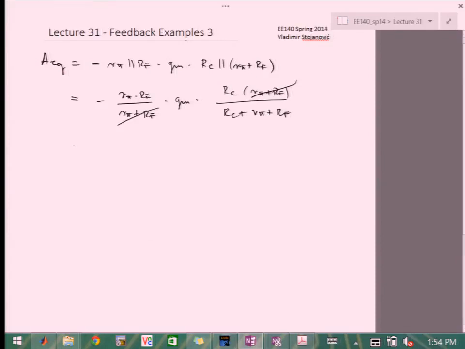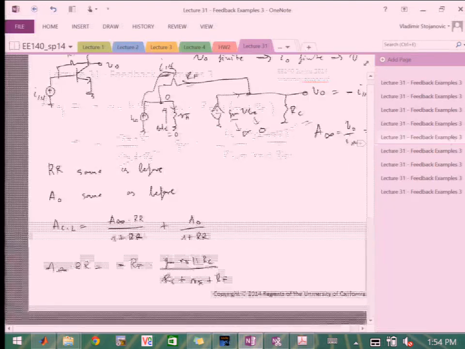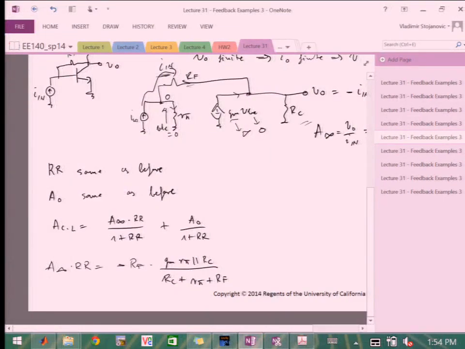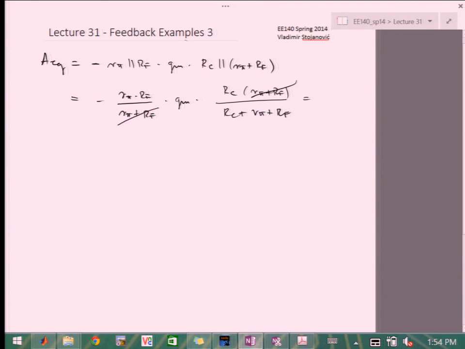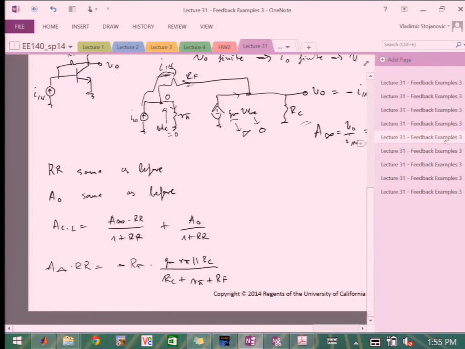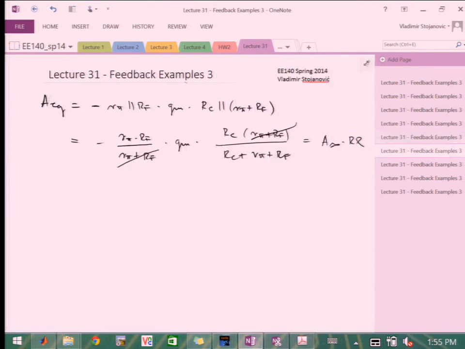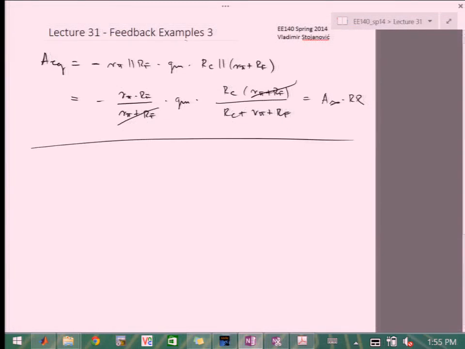And then if you look at the previous example, it's basically exactly that thing, right? Because we have RF separated out, the same thing here and then here. OK.